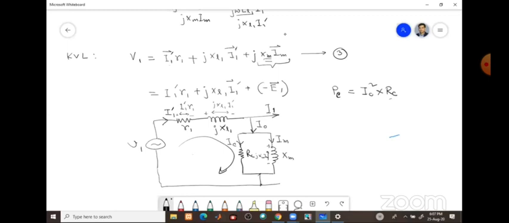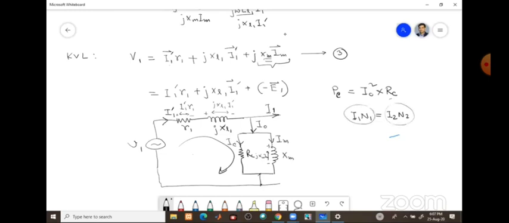Then what about this I1? Now I1 has a relation with what? I1 N1 equals I2 N2. Okay, so if I consider only I1, this I1 is basically producing some MMF, which is balancing the secondary MMF only.